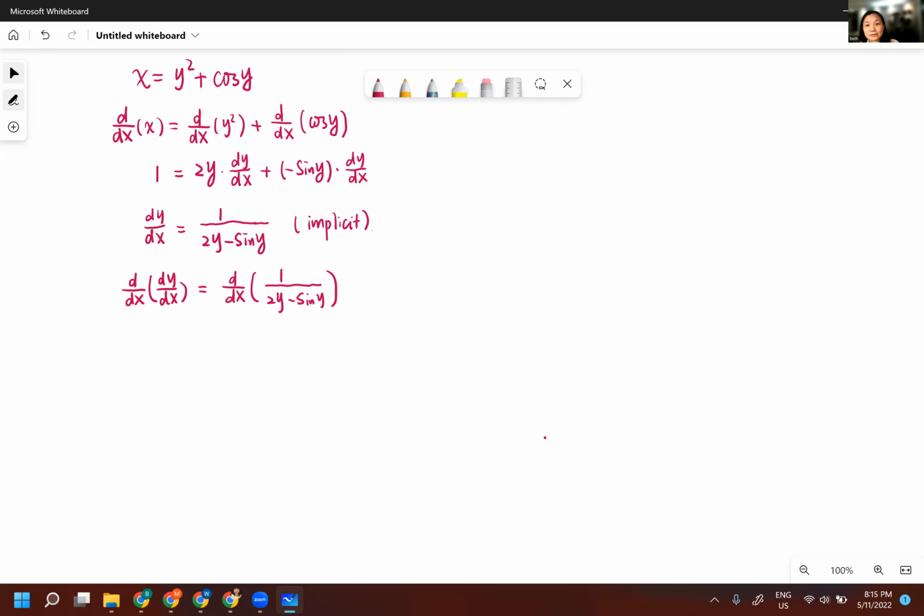So again, now when I do it again, on the left, I have d/dx of dy/dx, and that is the second derivative. This is d squared y over dx squared.